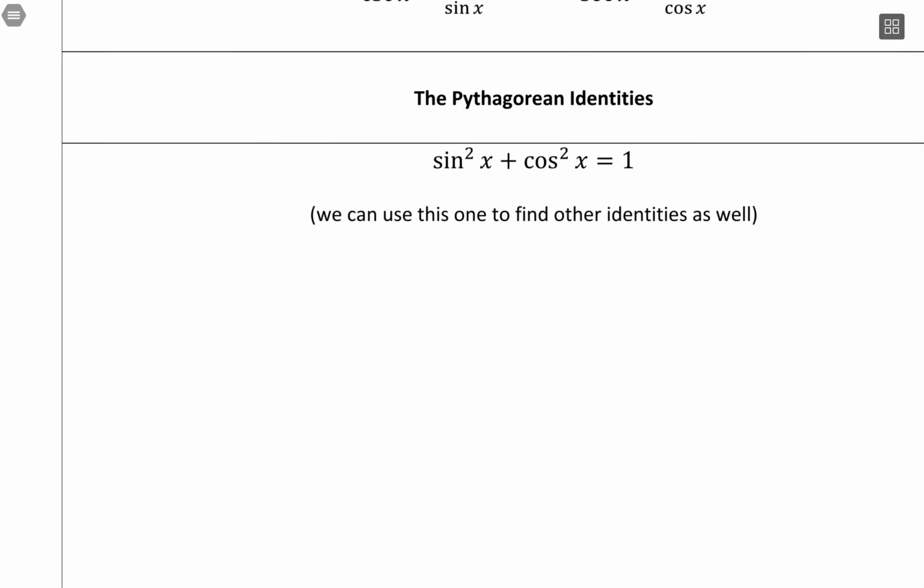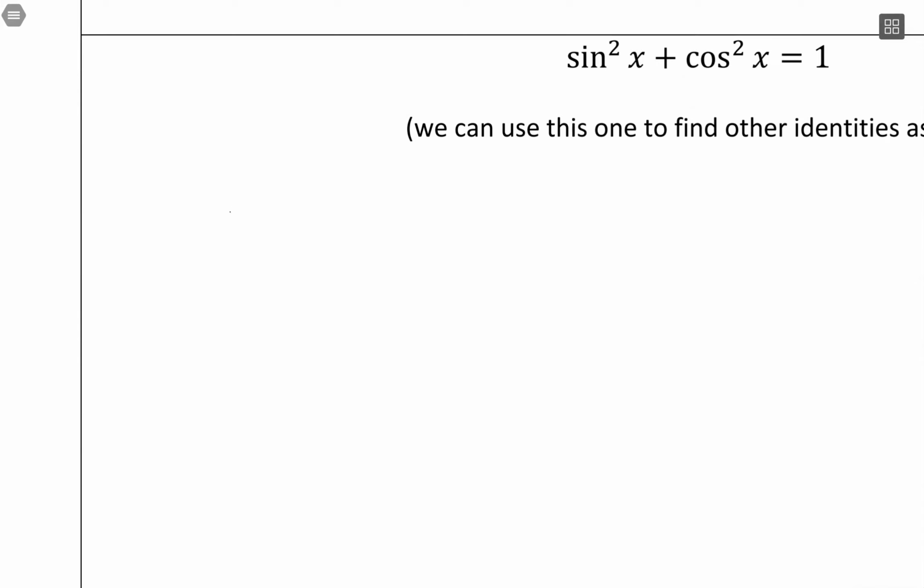But just as some examples, before I jump into that, this is slightly new notation for us. This sine with the square right there is the same thing as sine of x, quantity squared.